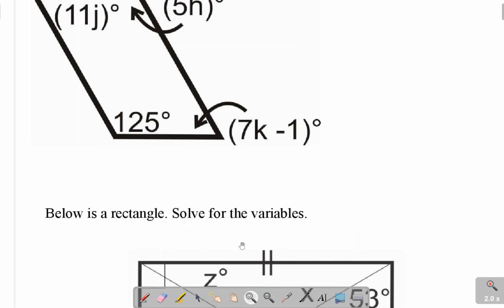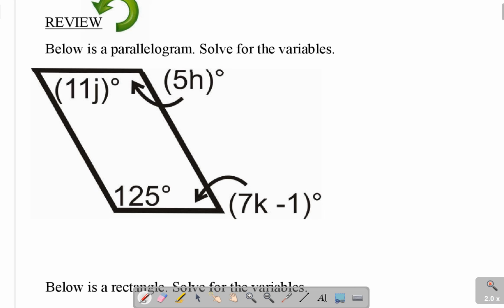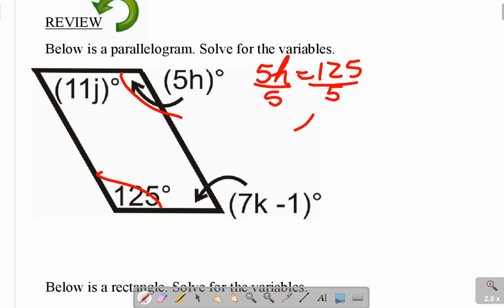Alrighty, students, welcome back. Hopefully you actually did the work on your own, and we're just checking your work here. So we know that opposite angles are congruent. So if this is going to be 5h equals 125, in this case, h equals 25. That's 1. Then we come over here, and we know consecutive angles add up to 180.